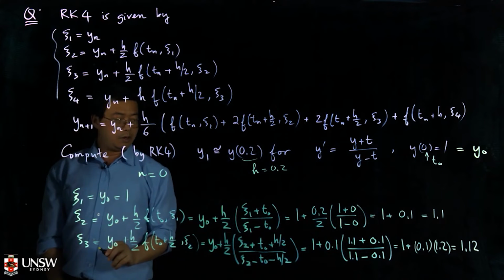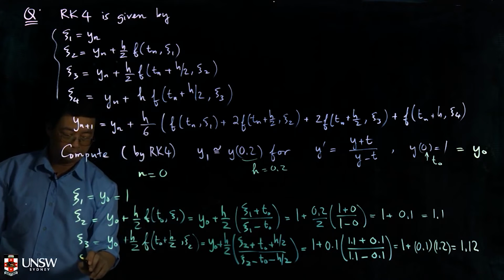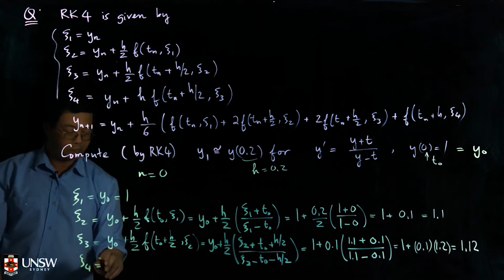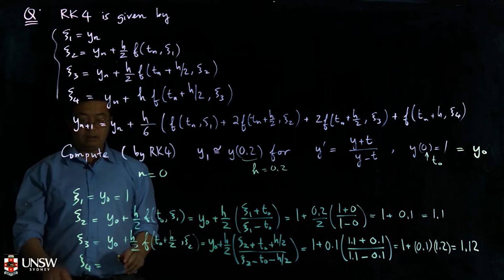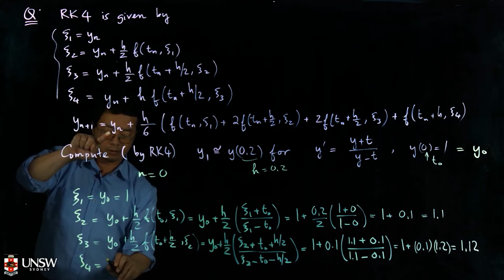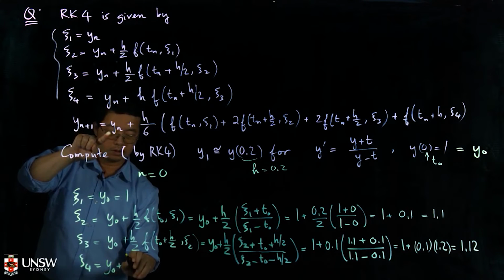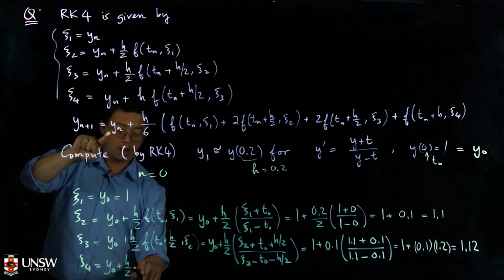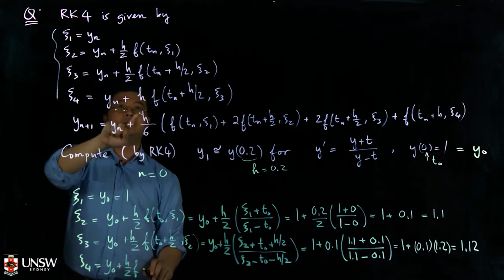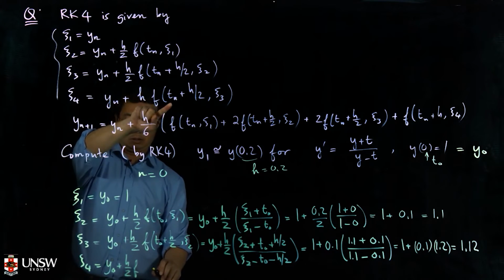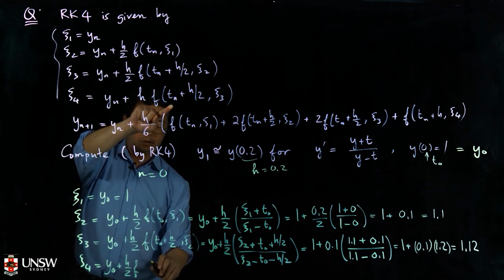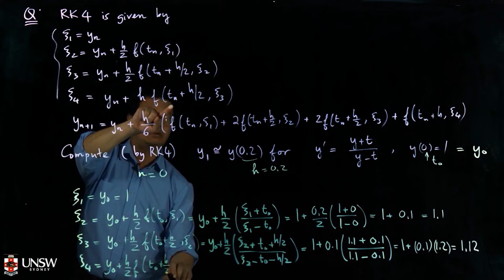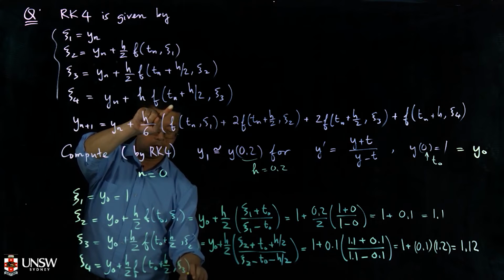And then similarly, you can compute xi4. xi4 you use this formula: y0 plus h over 2 times f at t0 plus h over 2, xi3.